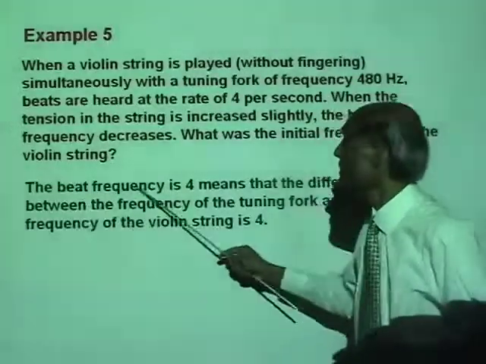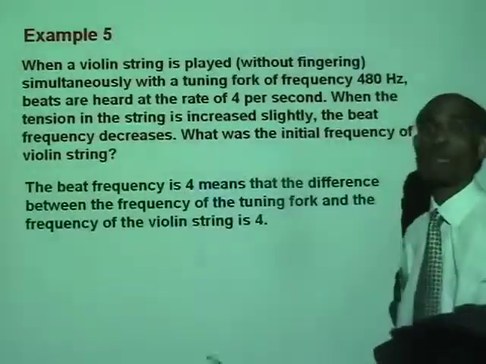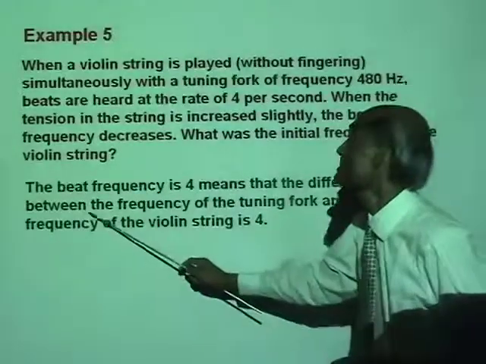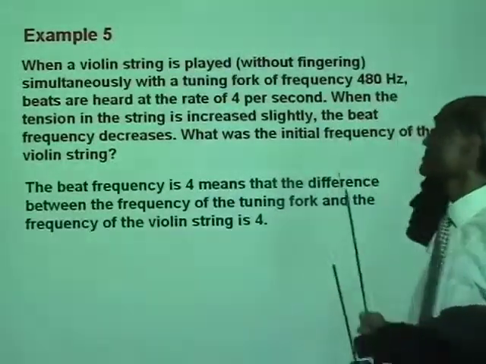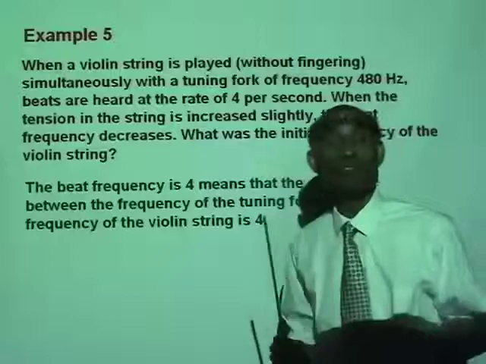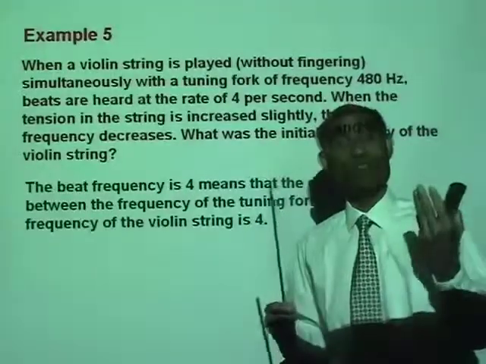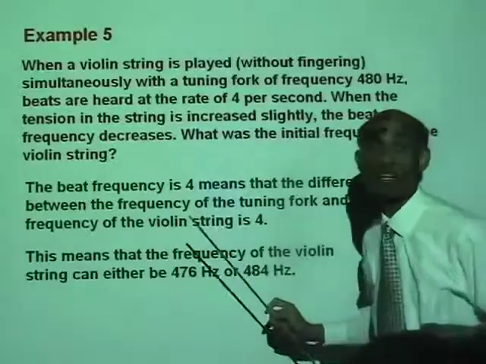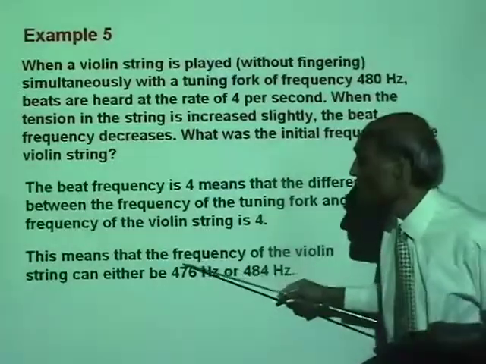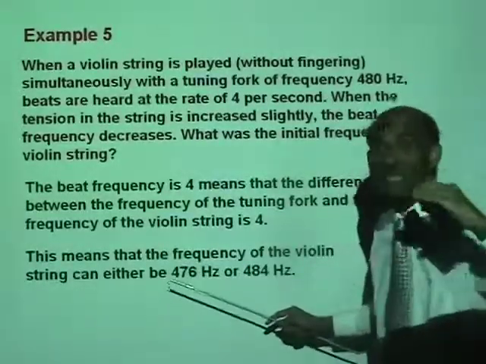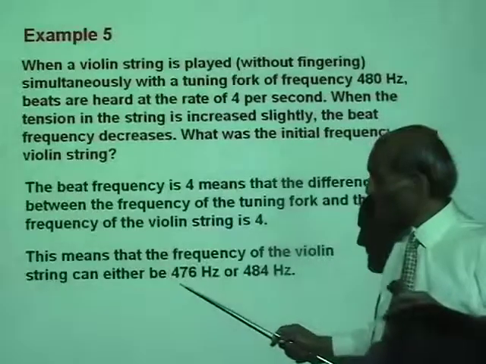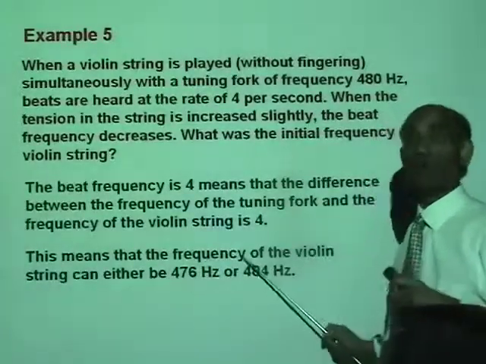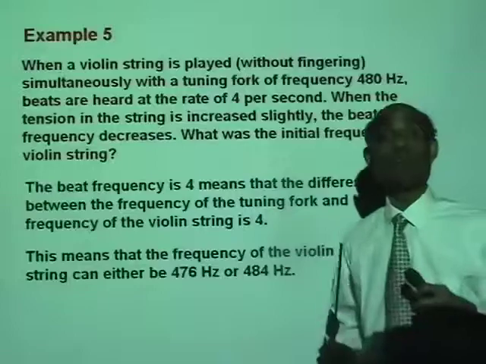Alright, the beat frequency is 4, which means that the difference between the frequency of the tuning fork and the frequency of the violin string is 4. So that tells me that the frequency of the violin string is either 4 less than 480, that is 476, or 484.